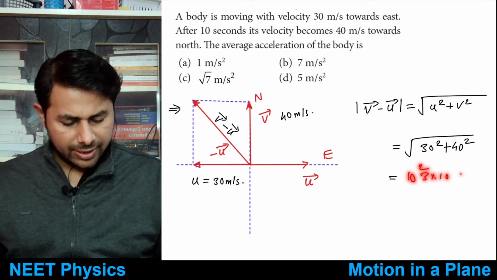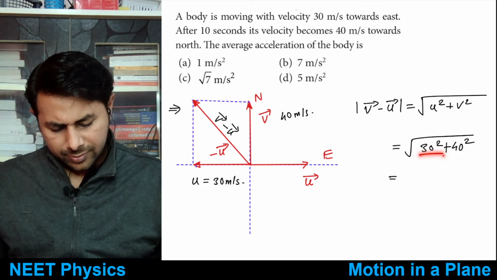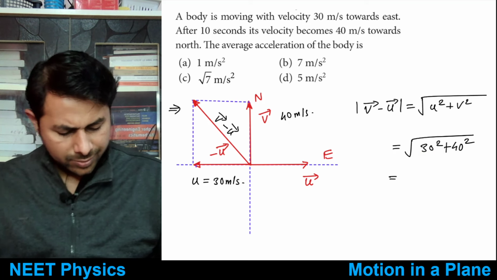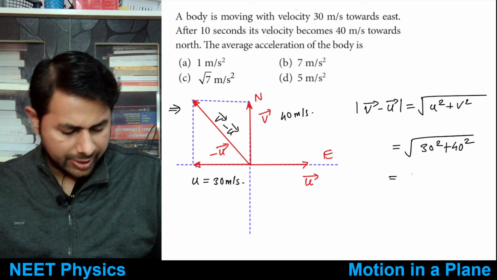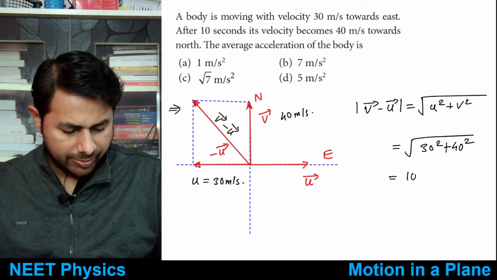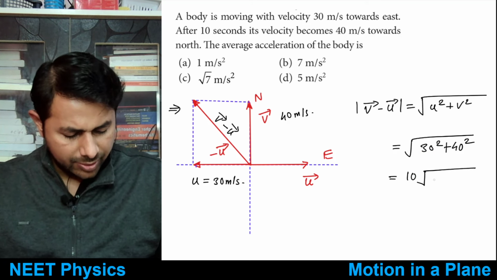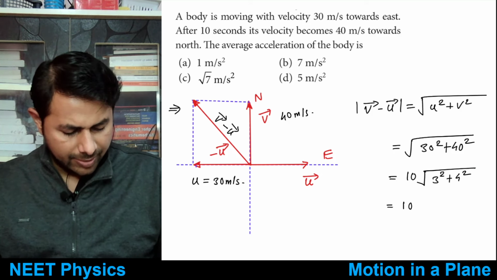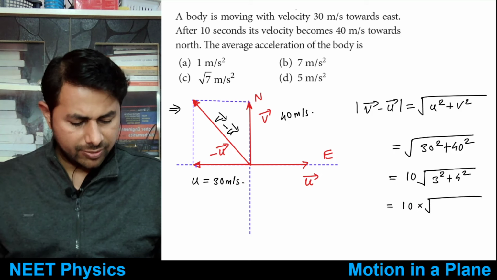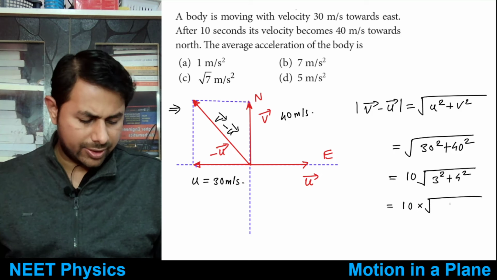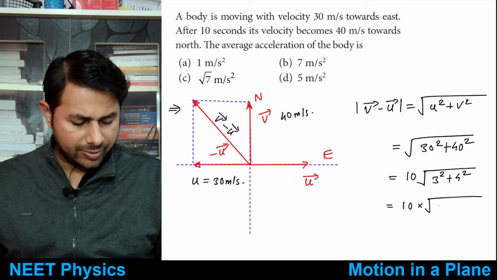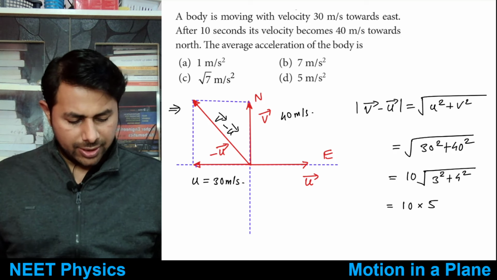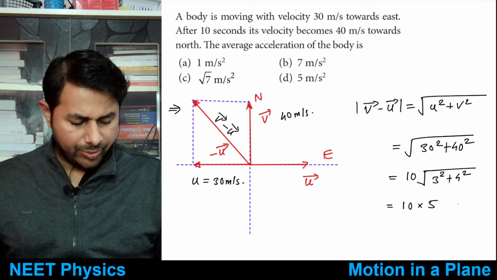So 10 square you can take outside, square root of that will be 10, and multiplied by square root of 3 square plus 4 square. 3 square plus 4 square is 9 plus 16, that's 25. So square root of 25 is 5. So the magnitude of v bar minus u bar is equal to 50, right?